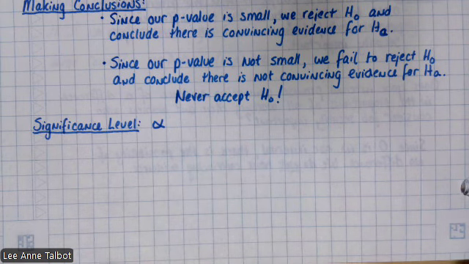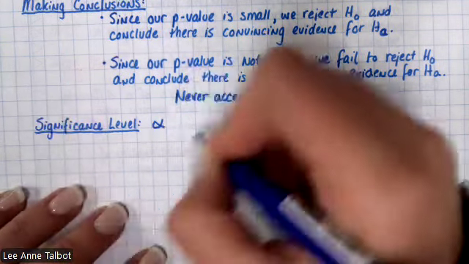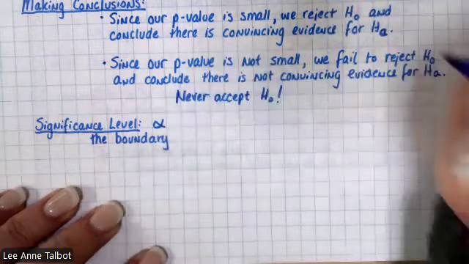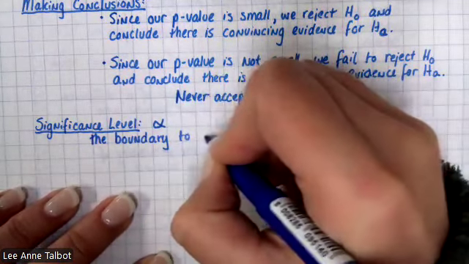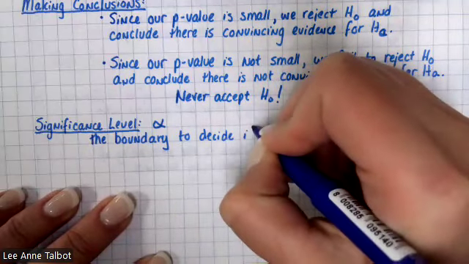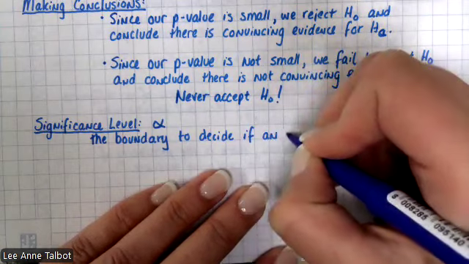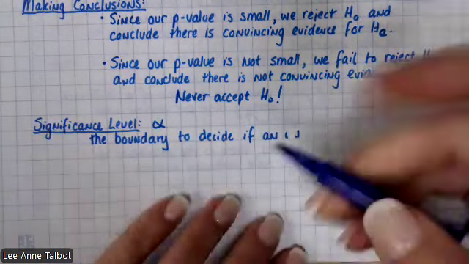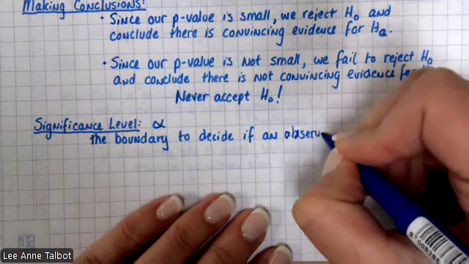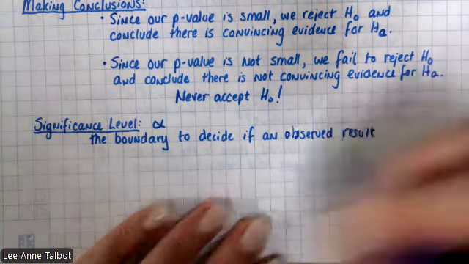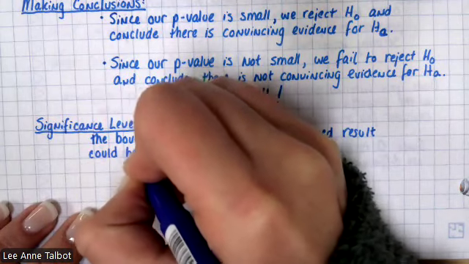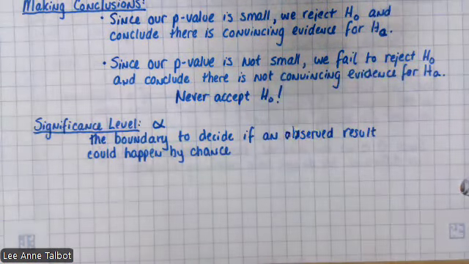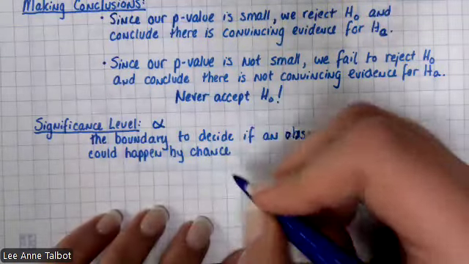Alpha is the boundary to decide if an observed result could happen by chance. And we've been using alpha equals 5%.